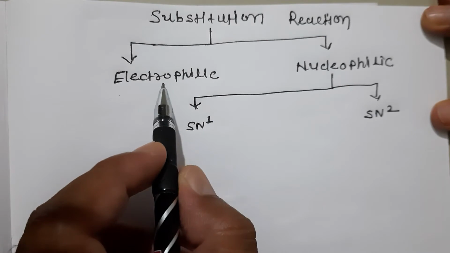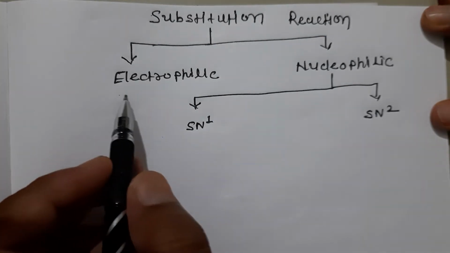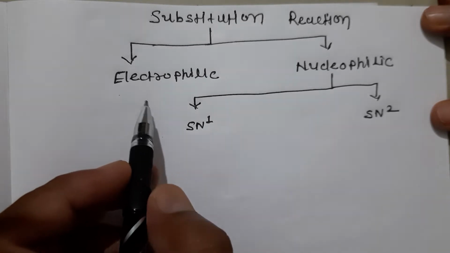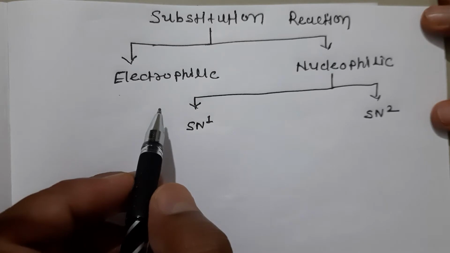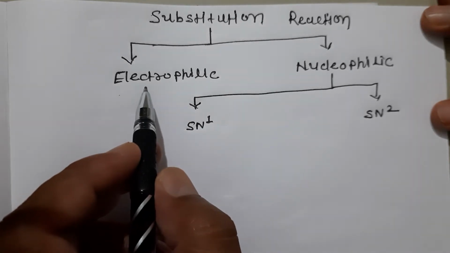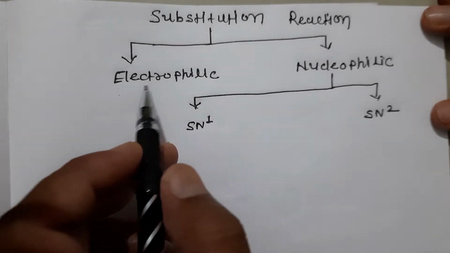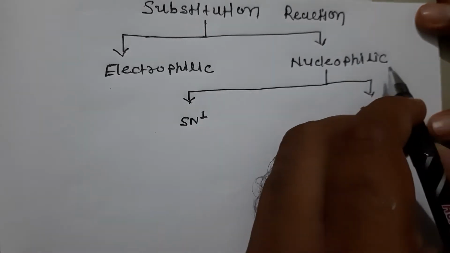Electrophilic substitution reaction we will discuss later on, covering the nitration, sulfonation, chlorination, alkylation and acylation of benzene. In electrophilic substitution reaction, an electrophile attacks, and in nucleophilic substitution reaction, a nucleophile attacks.